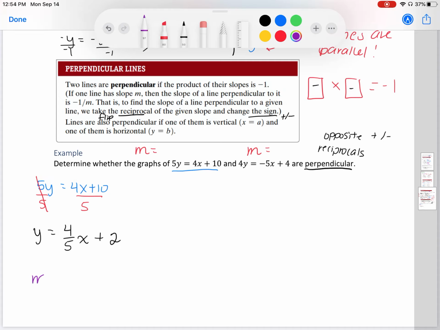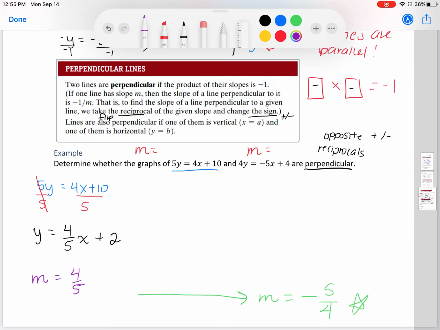Okay, so my slope here is 4 over 5. What should my other slope be? I don't know what it is, but for it to be perpendicular, it has to be a negative and a 5 over 4. So this is our goal if we want to say, hey, yes, these two graphs are perpendicular.